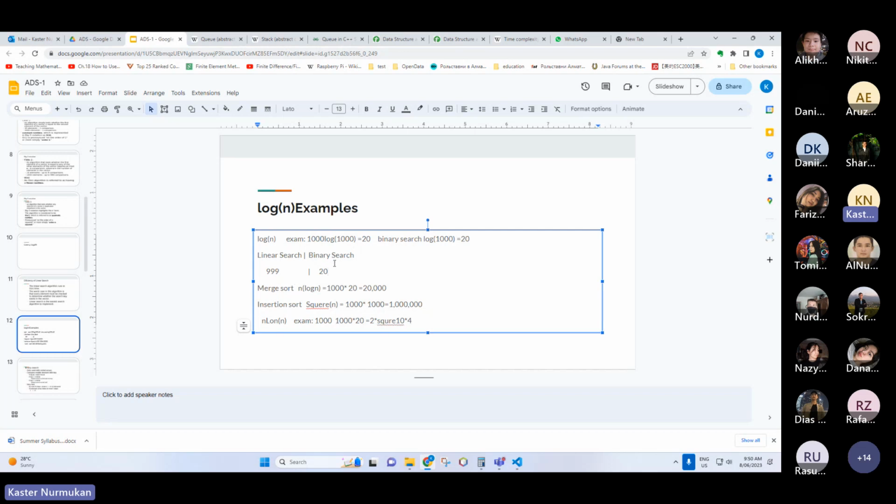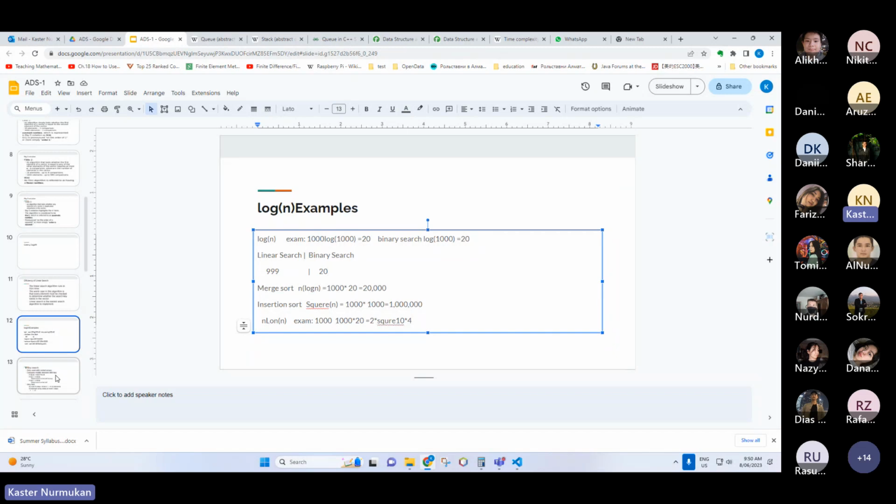Binary search has one drawback. I would say precondition, not drawback. Binary search is actually the best search algorithm in computer applications, which is log n time, right?